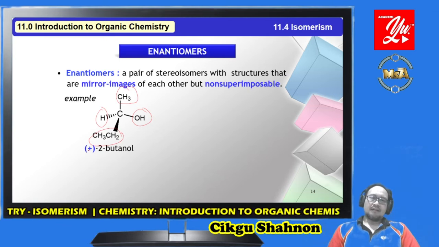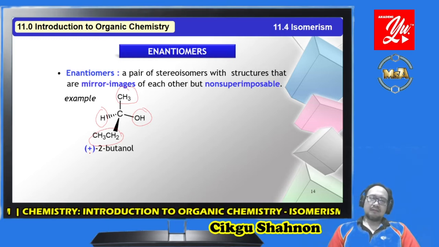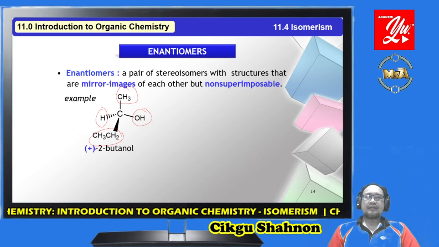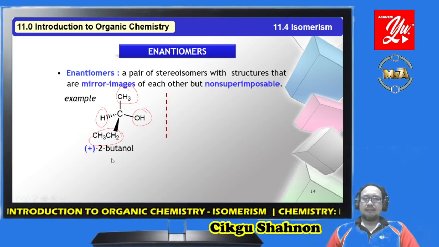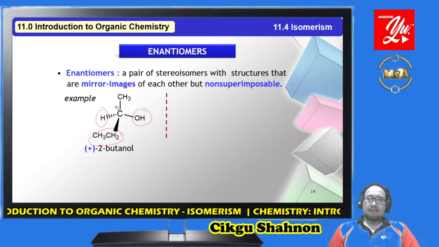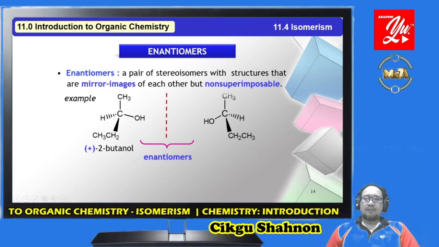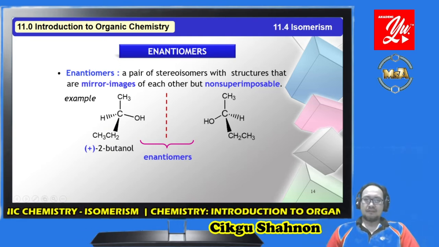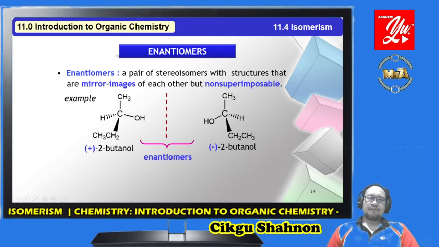This is dextrorotatory. It will rotate plane polarized light clockwise. Now we draw the mirror image of this compound, 2-butanol. So this is 2-butanol also, but this is a negative sign.